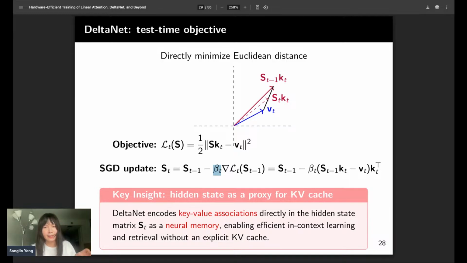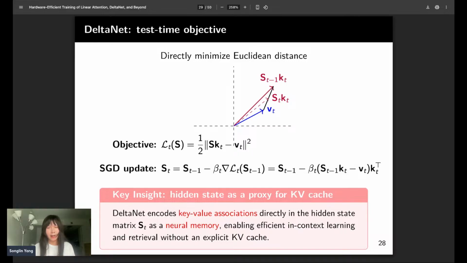In the previous context, this beta t is the writing strength, controlling how much information we want to preserve for the historical associated value, and how much new information we want to use for the new incoming input value. So here we can recover the DeltaNet update rule.